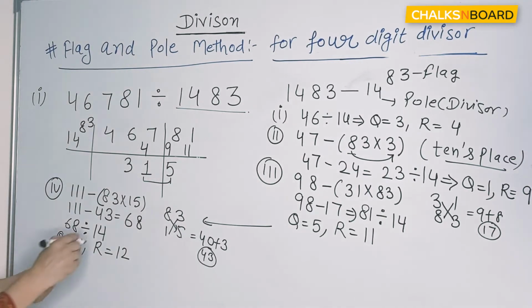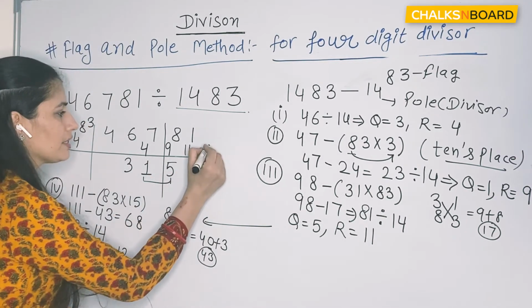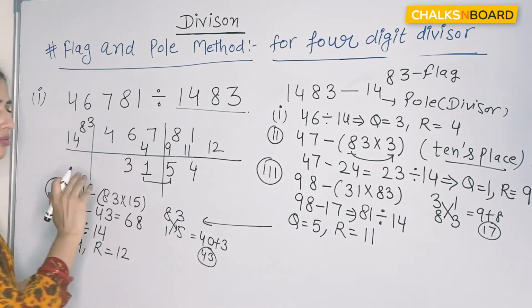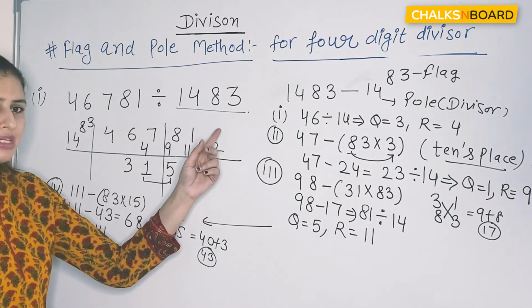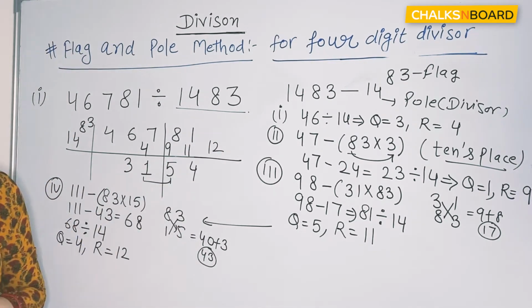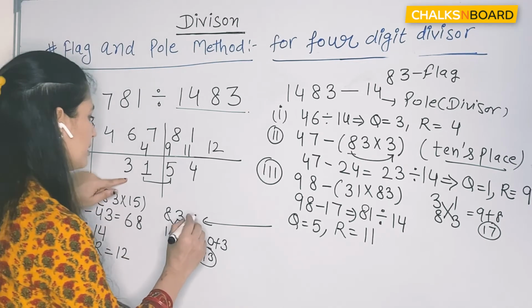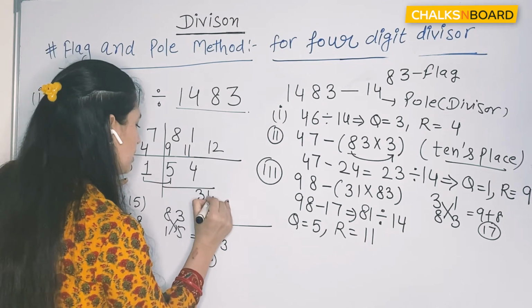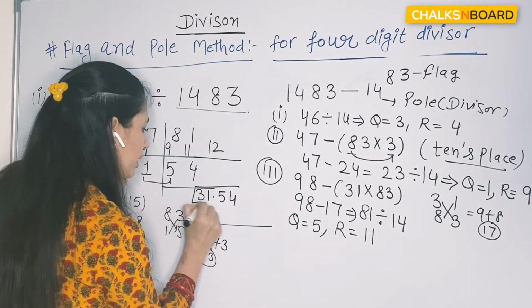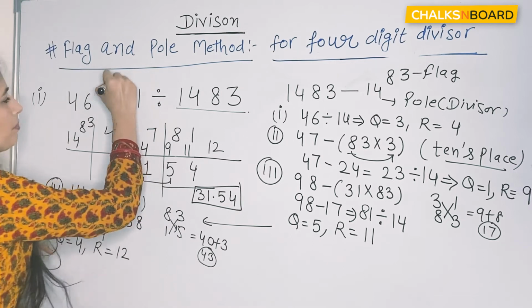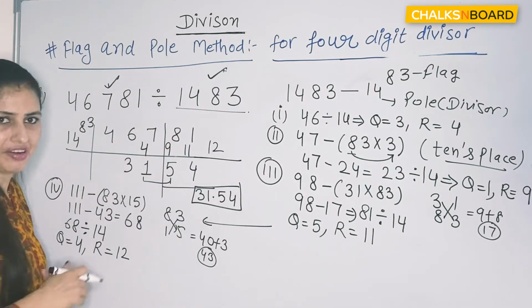So quotient is 4 and our remainder is 12. If you want, you can continue this process. That means you can put 0 here and continue the process. Otherwise, we can stop here. So our answer is 31.54 when we divide this number by a 4-digit divisor.